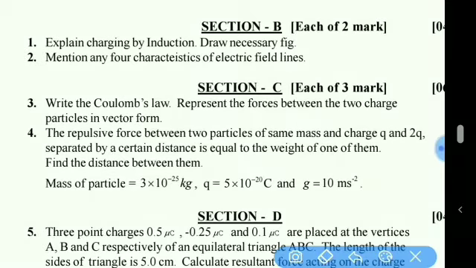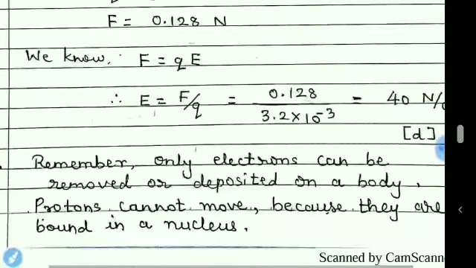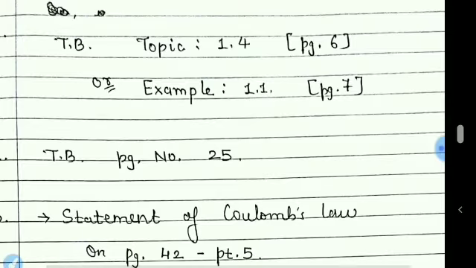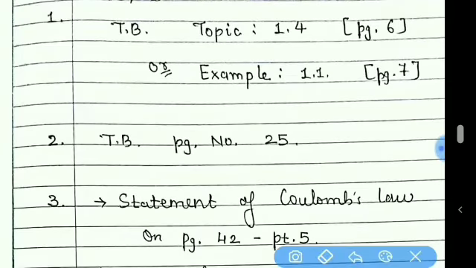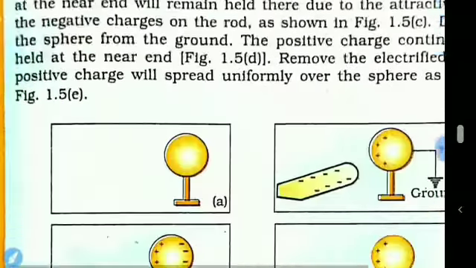Next, question number 2. Mention any 4 characteristics of electric field lines. The answer for this question is given on page number 25 of your textbook. See, there are 4 points given in your textbook.